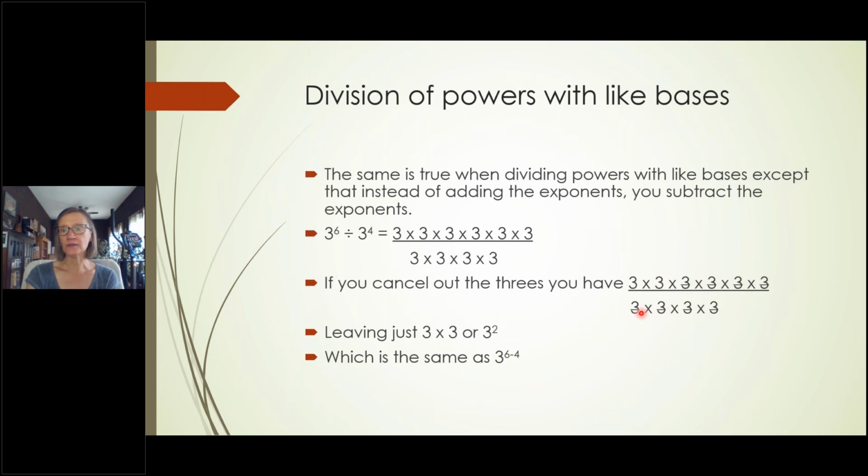You can cancel out the 4 3's in the top and bottom. You're left with 3 times 3, or 3 squared. 3 squared is the same as 3 to the 6th minus 4. So you just subtract the exponents when you're doing division. So that's a very neat trick. Both of those can only be done when the base is the same.